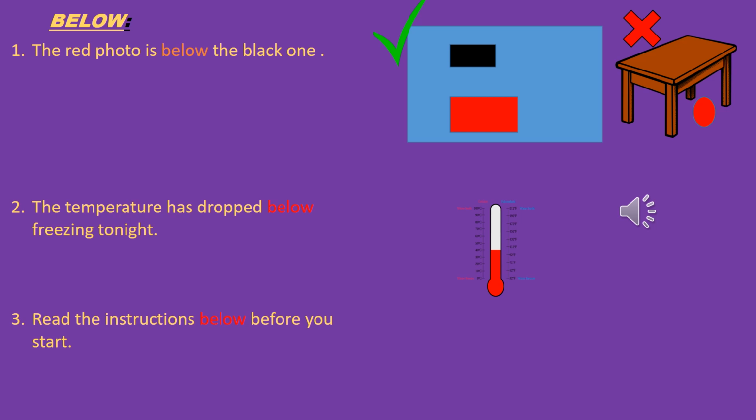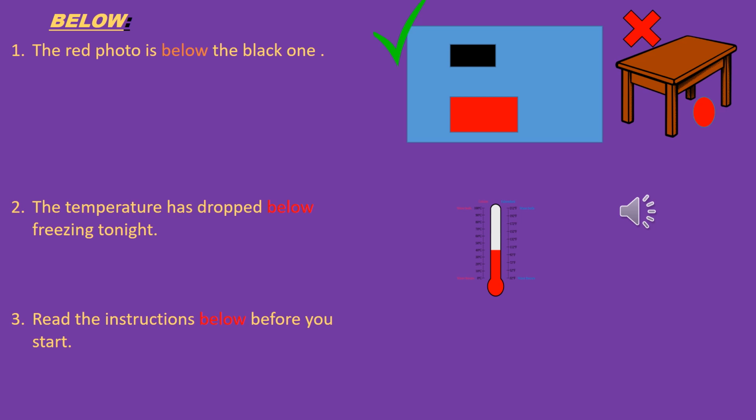If for example it was the table, and if I had a red photo under the table, I couldn't say that there is a red photo below the table, because a table is a three-dimensional thing and so we have to use under.